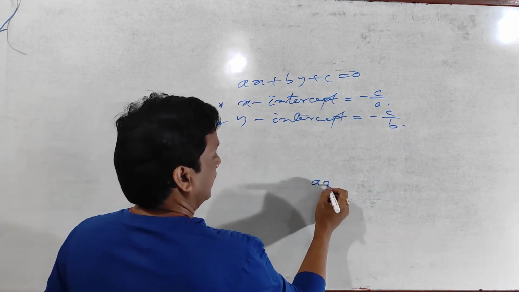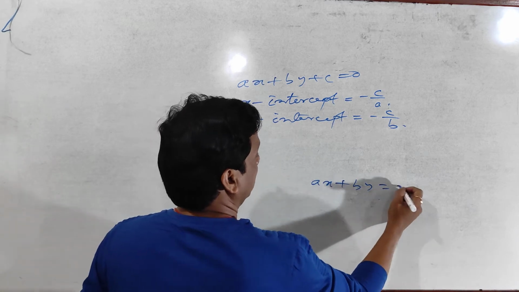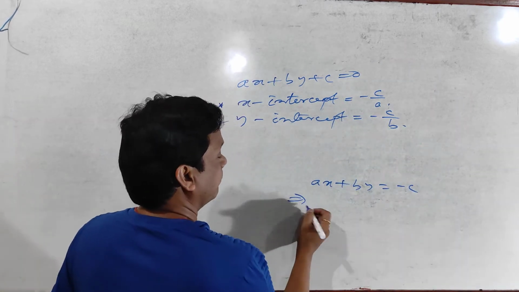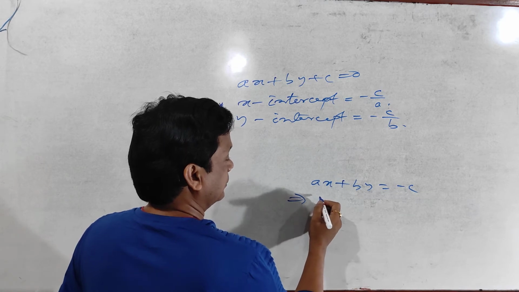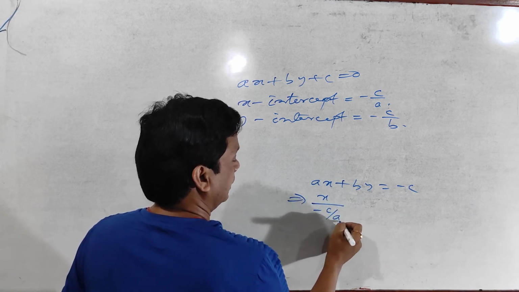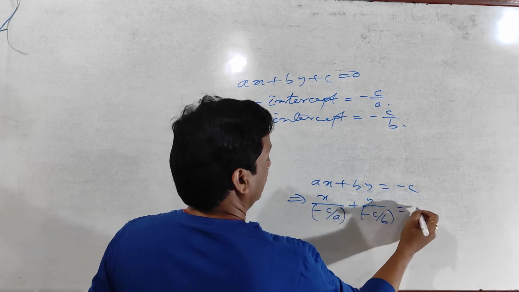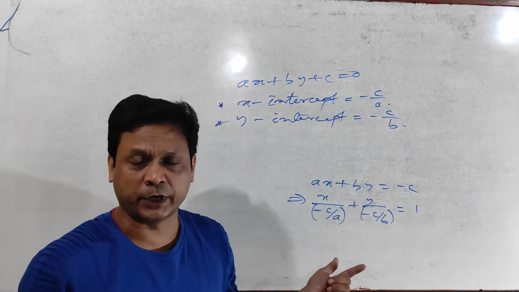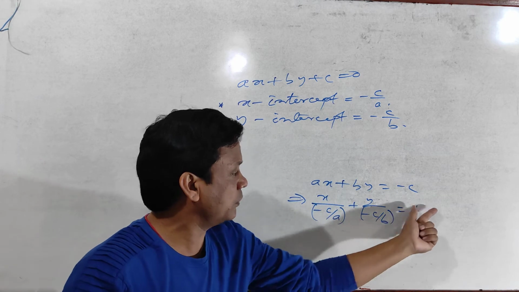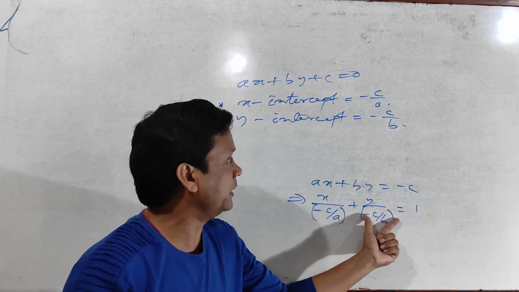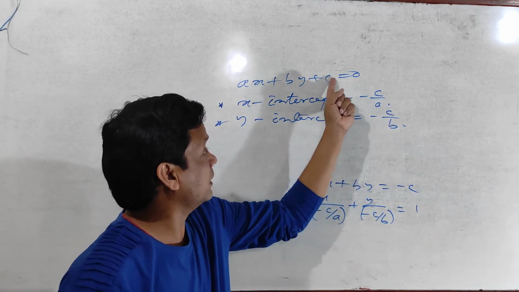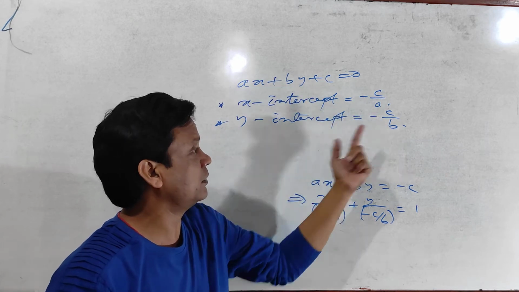See here, ax plus by is equal to minus c. I am taking c to the right hand side and dividing by c. I can write x by minus c by a plus y by minus c by b equal to 1. Comparing with the intercept form, x by a plus y by b equal to 1, this is the x intercept, this is the y intercept: minus c by a and minus c by b.